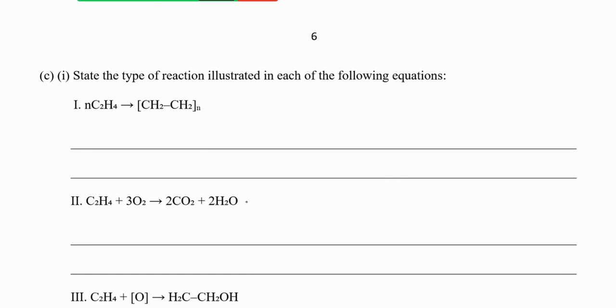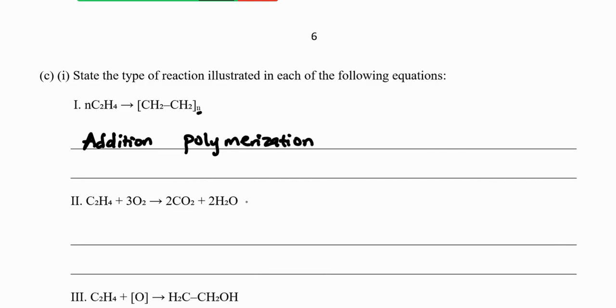Okay, so the next question says, state the type of reaction illustrated in each of the following equations. Now, the first one, we can see CnH2n. This is an alkene. And when we see it in the product, it's showing the same thing, and we are seeing the n here. This implies addition polymerization.